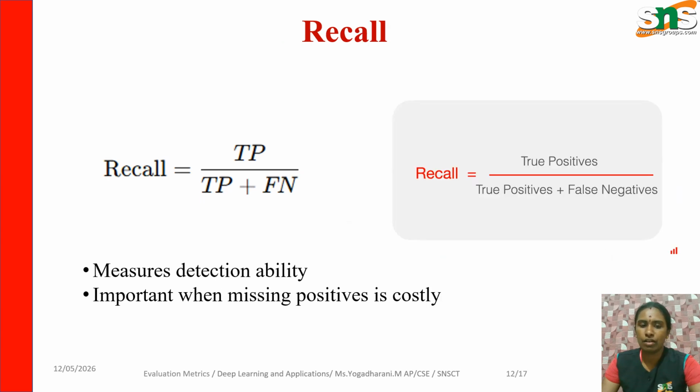Recall tells us, out of all actual positives, how many were correctly identified. The formula for recall is true positive divided by true positive plus false negative. Examples are cancer detection, intrusion detection, and disaster warning systems.